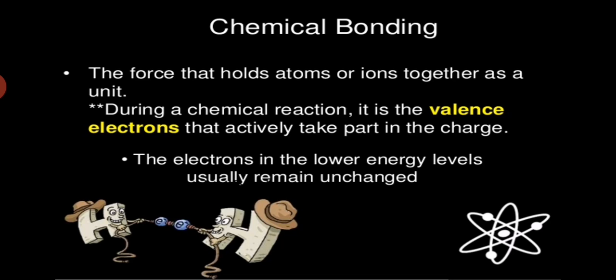And during a chemical reaction, it is the valence electrons that actively take part in the change. After that, the electrons in the lower energy levels usually remain unchanged. Means whatever electrons are present in the lower energy levels, they don't change their properties.